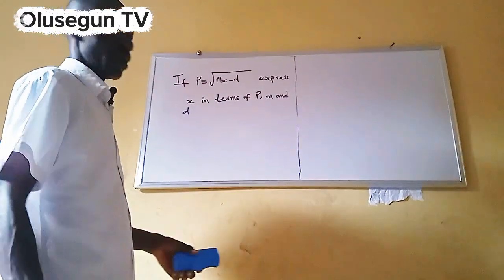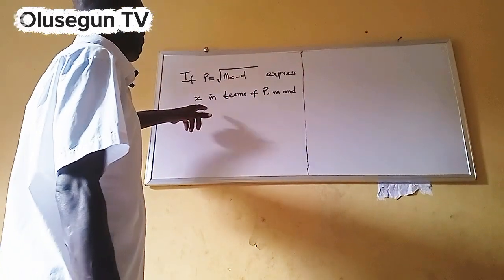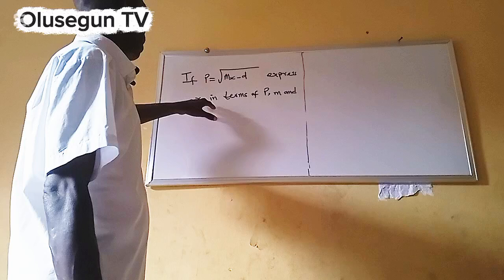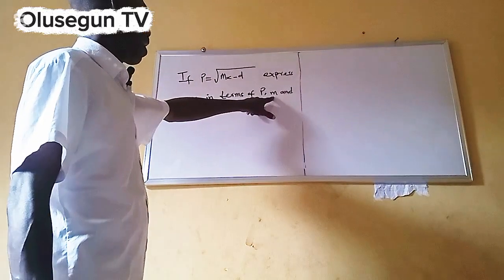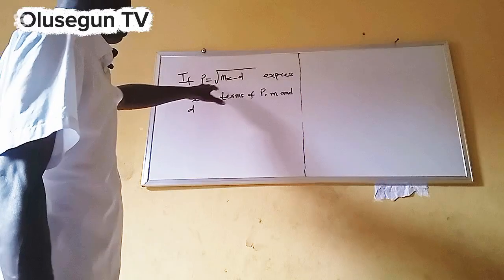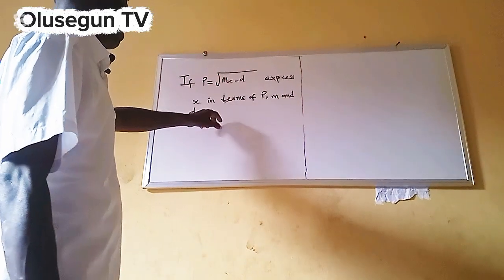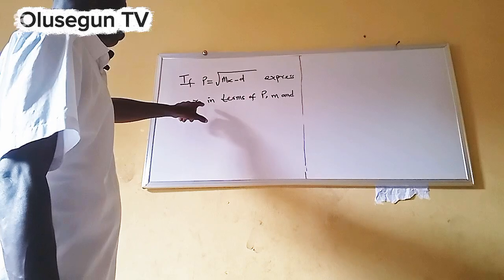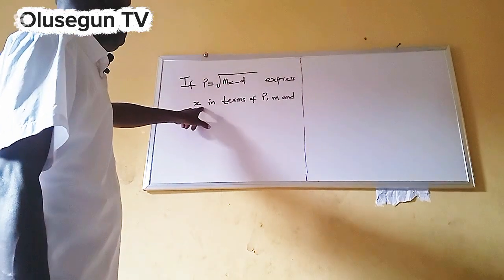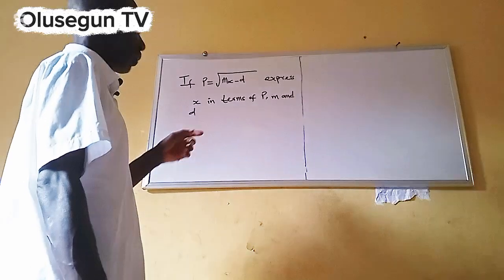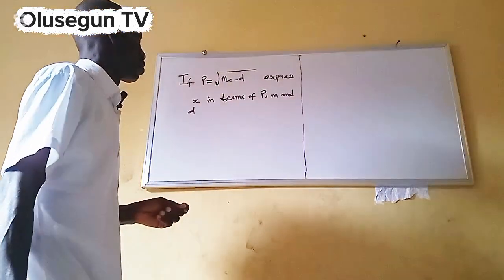So if you are told to express x in terms of p, m, and d, in this kind of question, what this implies is that you are to find, or in other words, make x the subject of the formula.